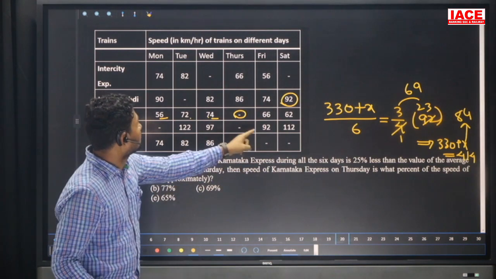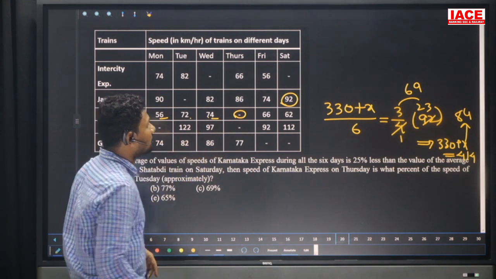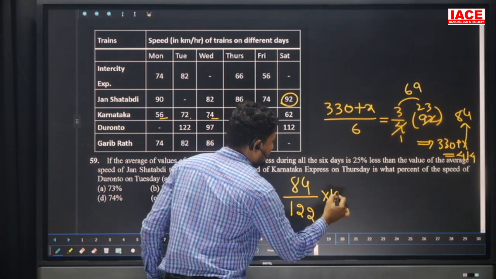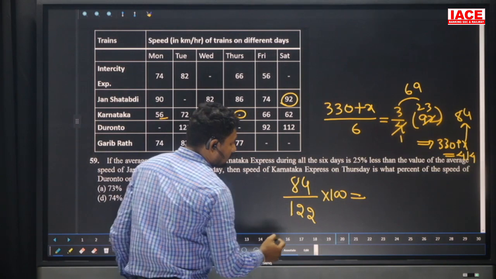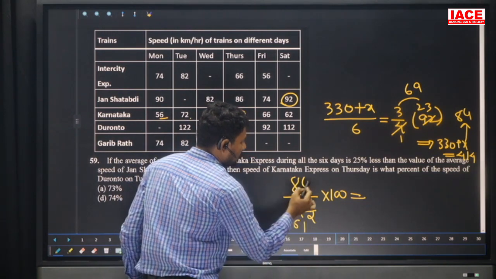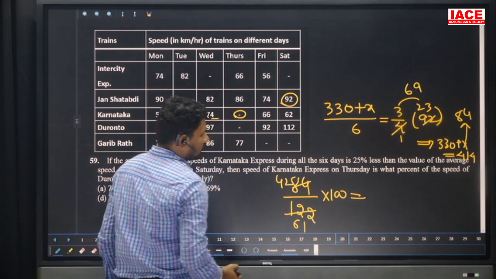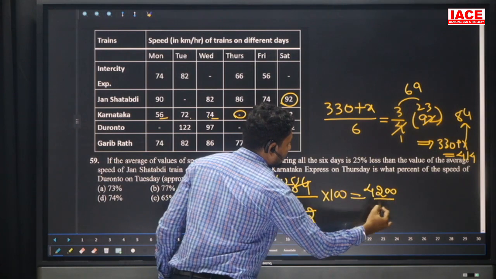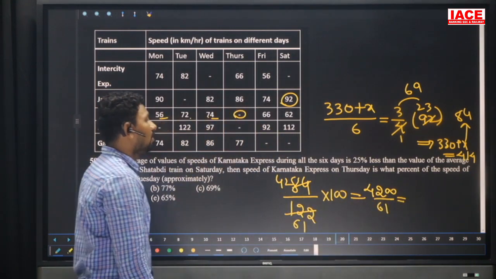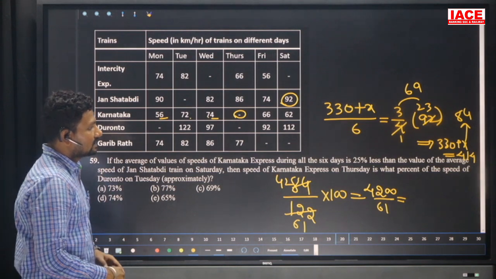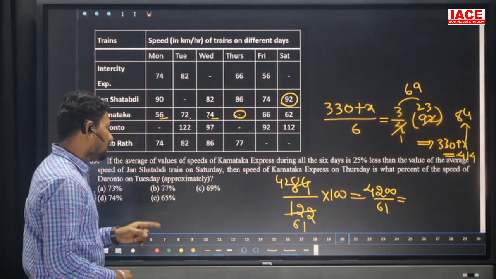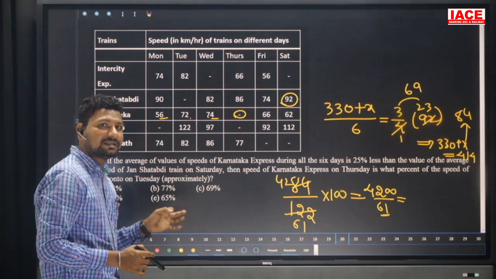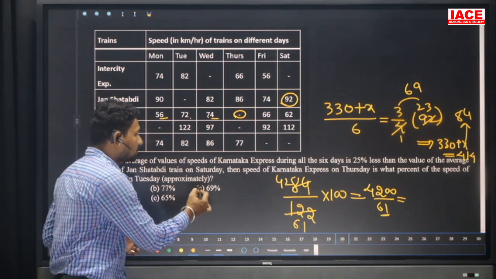The Duronto speed on Tuesday is 122. So 84 by 122 into 100, and cancel the values. 2 61s are 122, 2 42s are 84. Simplify to 4200 by 61. 61 goes into 4200 how many times? 70 times, since 7 6s are 42, but there is an extra 1, which means our answer is slightly less than 70 percent, clearly near 70 percent. Our option is C.